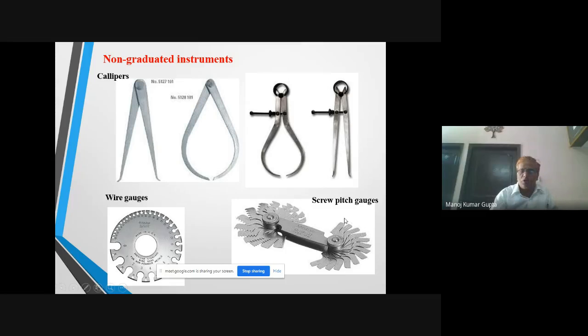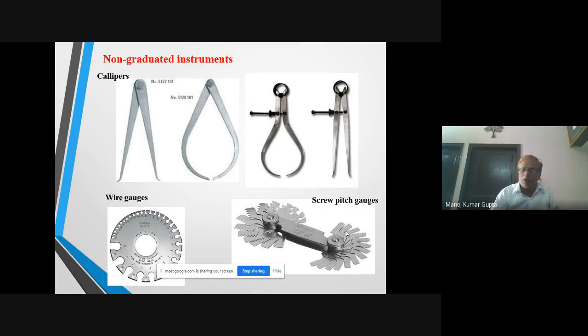On this side there are also threads, so we can have different systems. One side has metric threads, which are used in India, but in the UK British system, the British threads are used. They are known as BSW or BSPT threads. The full form is British Standard Whitworth.